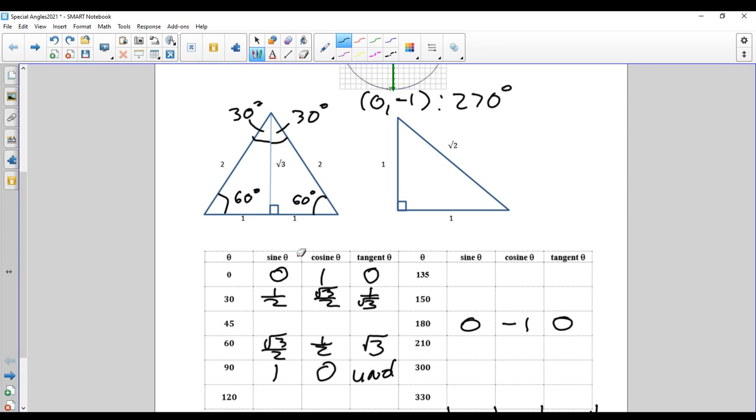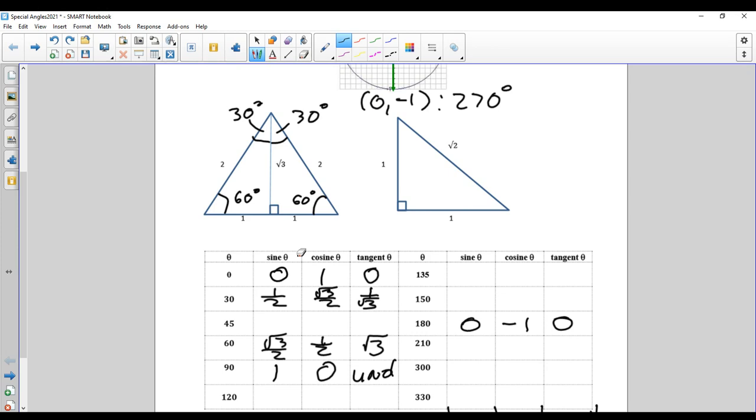Now, if it's an isosceles triangle, and it's a right triangle as well, it means that these 2 angles are both equal. They have to be. Because it's a right triangle, half of the degrees in a triangle, which is 180, is in the right angle. So that leaves you to split up the rest between those 2 angles.